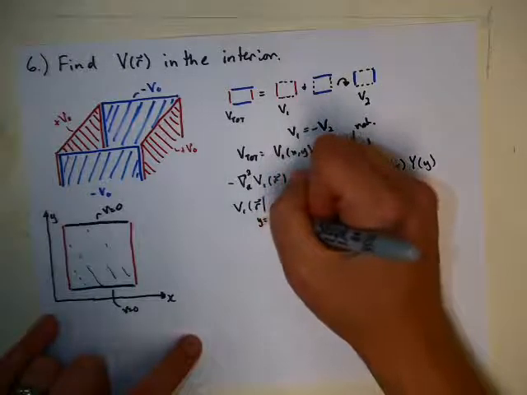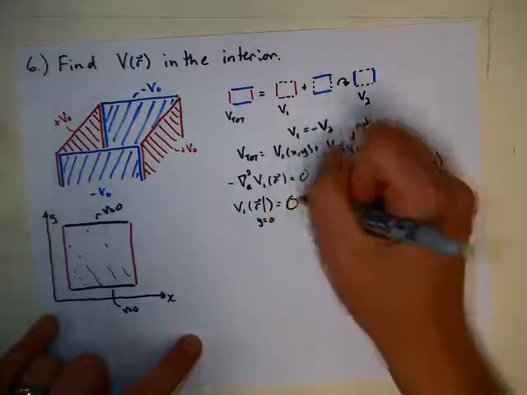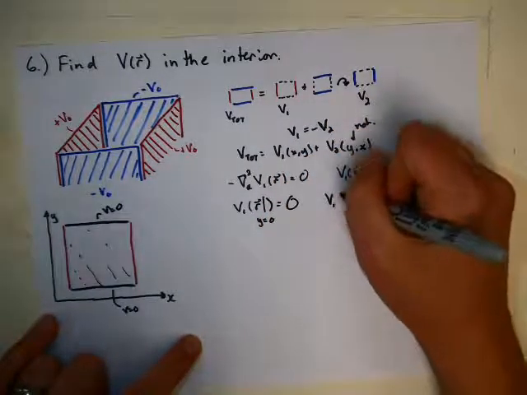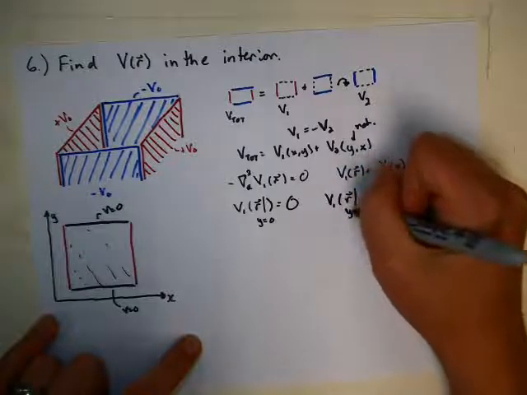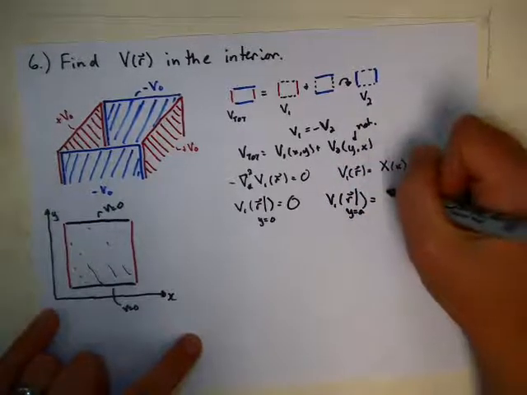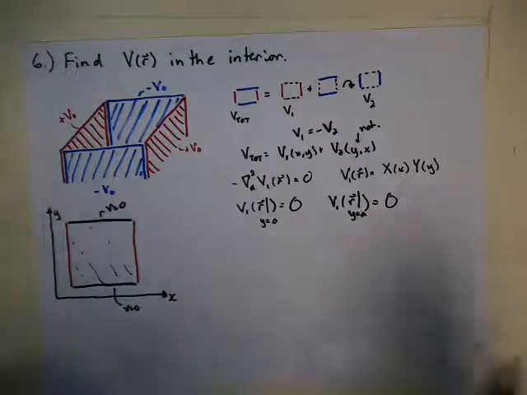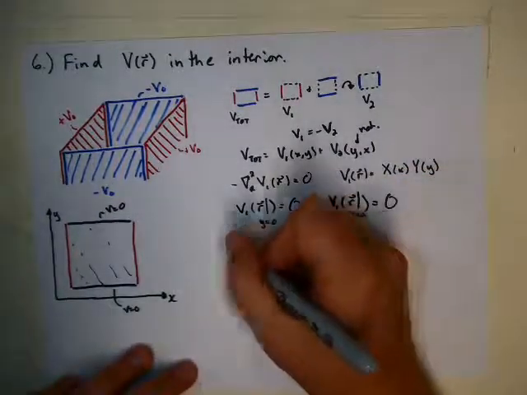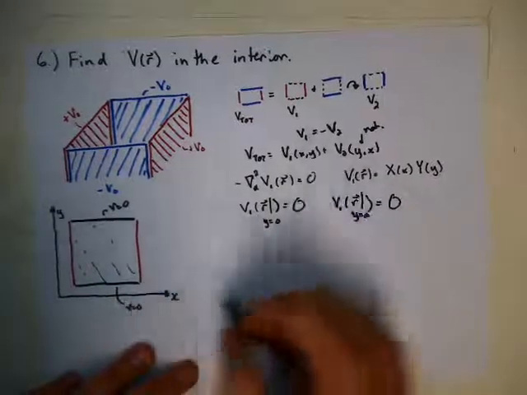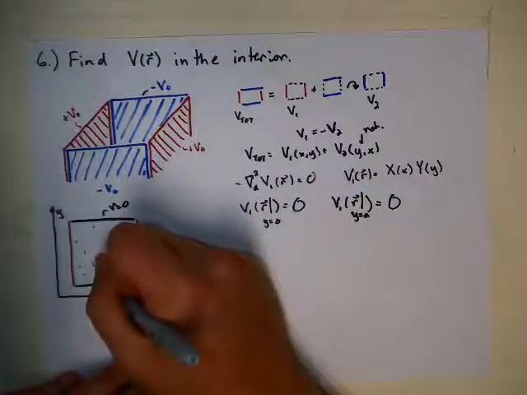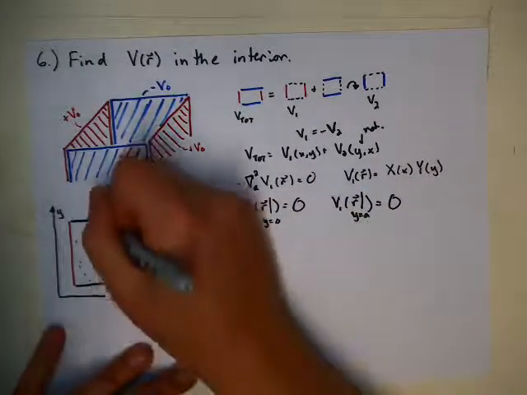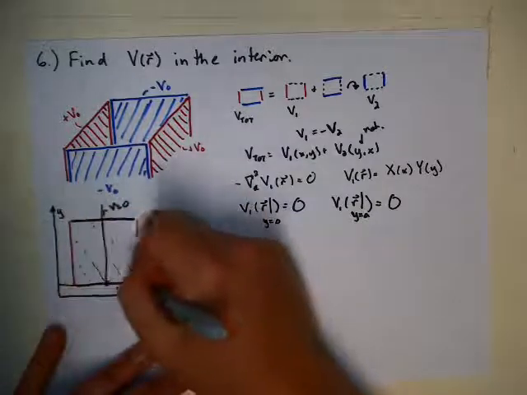So at y equals 0, we're going to make V1 equal to 0. V1 at y equals a, we're going to say that's also equal to 0. And then we're going to have our symmetric boundary conditions in the x direction. I'm going to choose my origin to be right here, so this is actually where my origin is going to be.